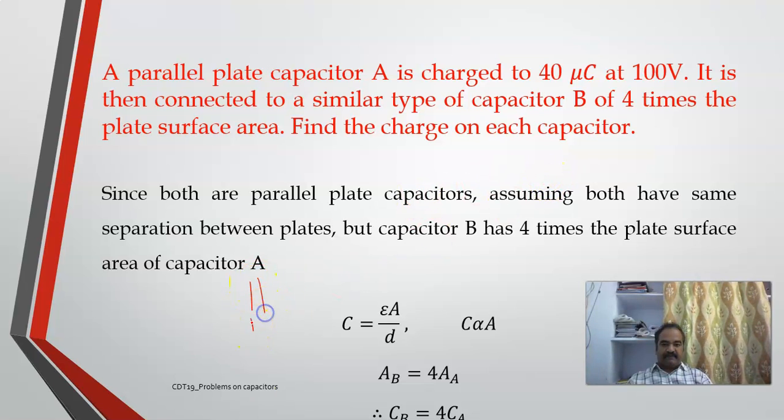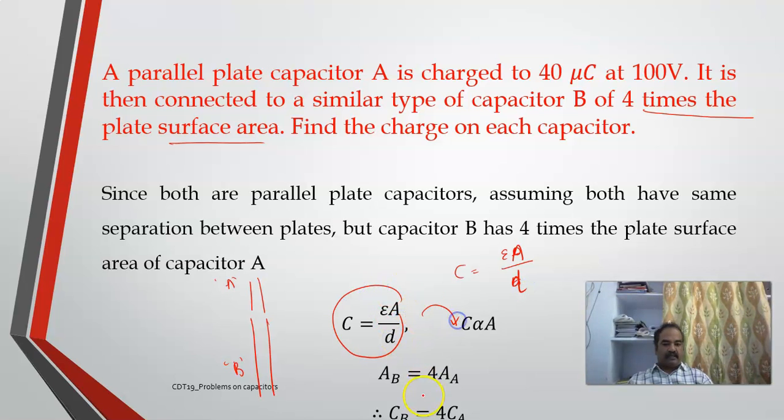The second capacitor B has 4 times the plate surface area. Capacitance is epsilon A by D, right? So C is directly proportional to A. If you have more surface area, you will have more capacitance. B has 4 times more surface area, so automatically its capacitance CB will be 4 times that of CA, isn't it?